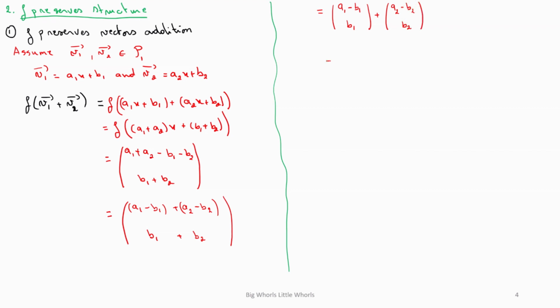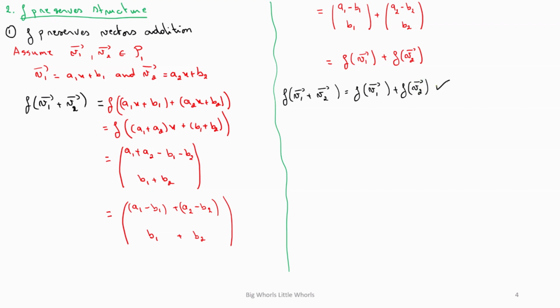Okay, so this is the same as what? f of v1 plus f of v2. See? So in conclusion, we can conclude that f of v1 plus v2 equals f of v1 plus f of v2.